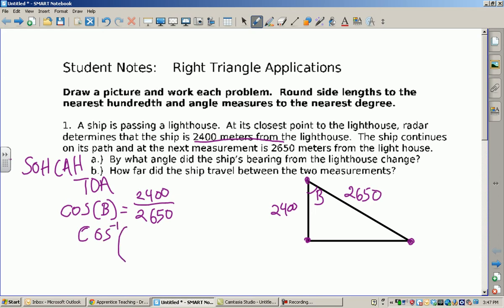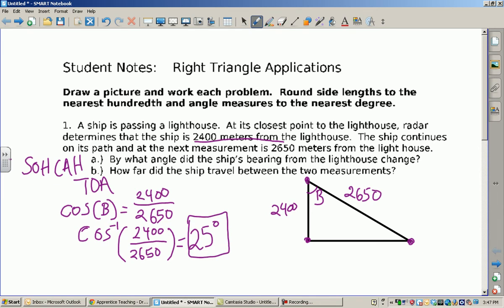It was the arc cosine of 2,400 over 2,650. And when I typed that onto my calculator, I got 25 degrees. And that's another thing, you need to make sure that you're in degree mode. So, the ship's bearing changed 25 degrees.